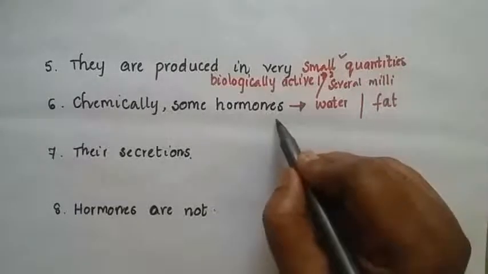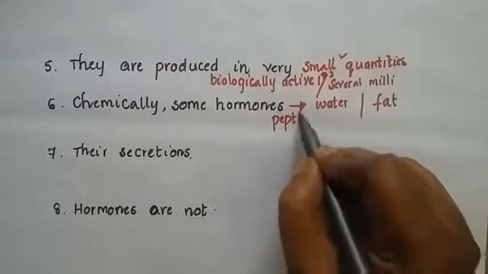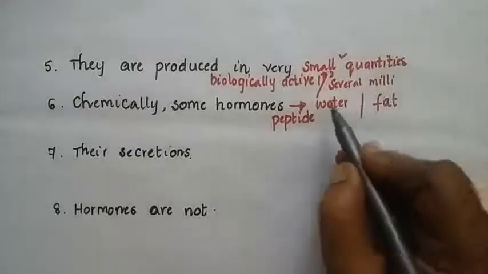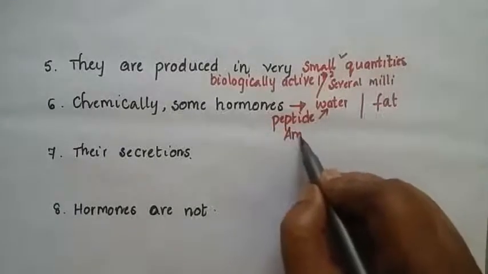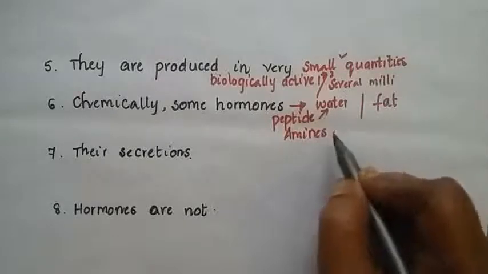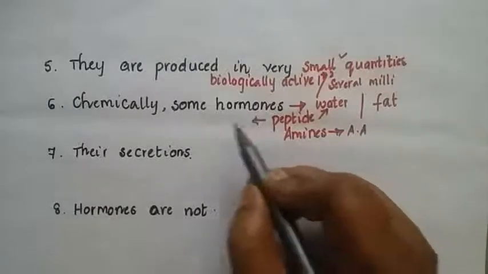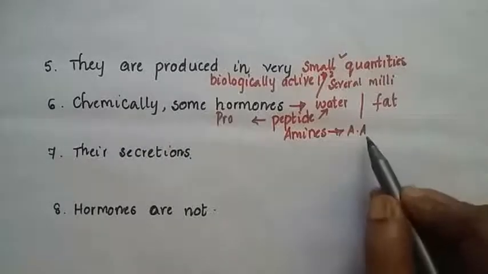Some of the hormones are obtained from proteins, or you can say they are peptide in nature. Chemically they are peptides, which are water soluble, which dissolve in water to carry out their function. Some of the hormones are amines, which are derived from amino acids, whereas peptides are derived from proteins.